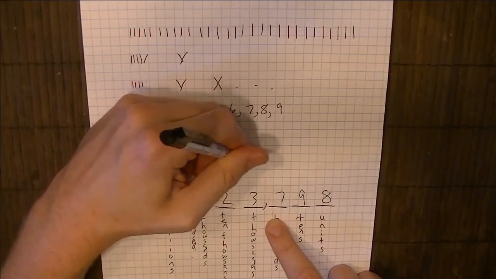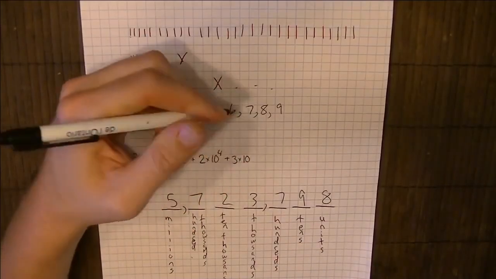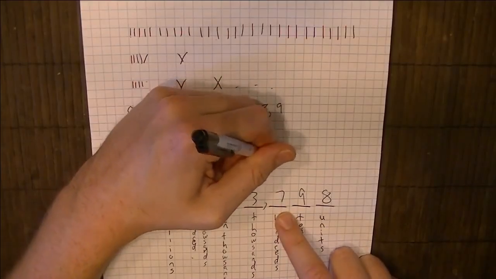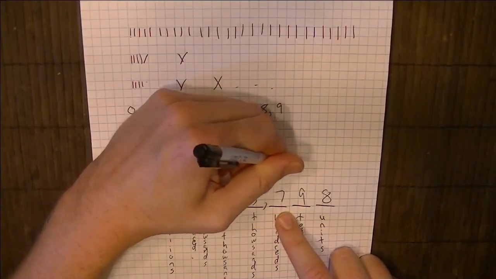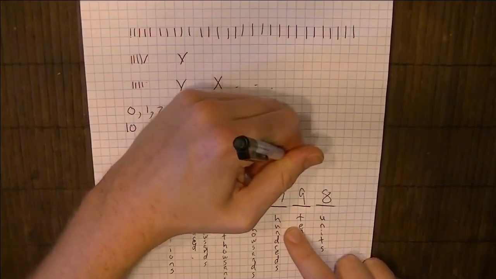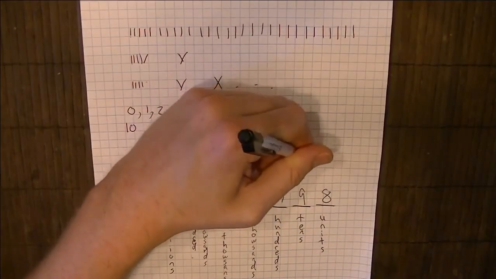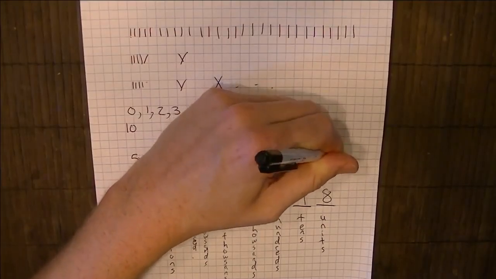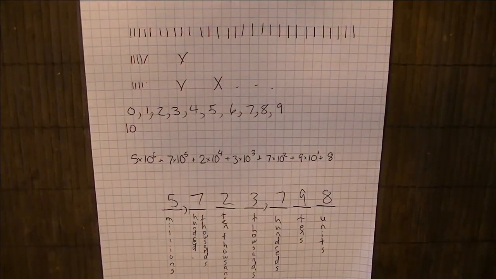And then we have 3 times 10 to the 3. And then we have 7 times 10 to the 2. And then we have 9 times 10 to the 1. And then we have 8 times 1, which is 10 to the 0.